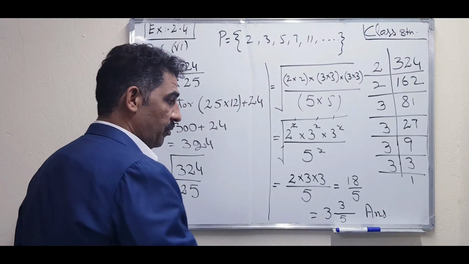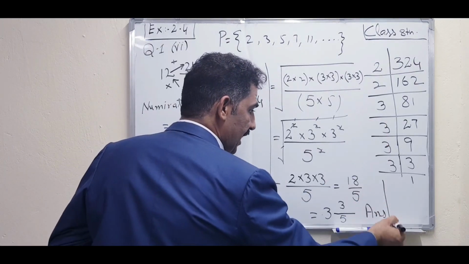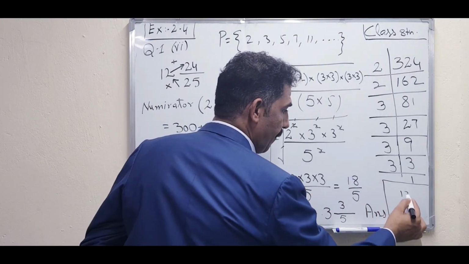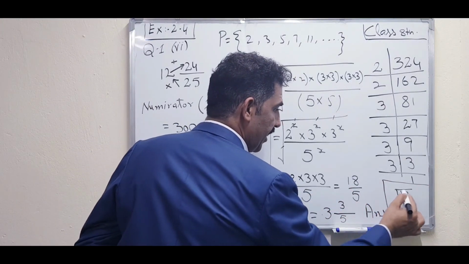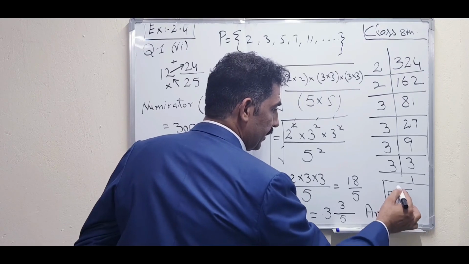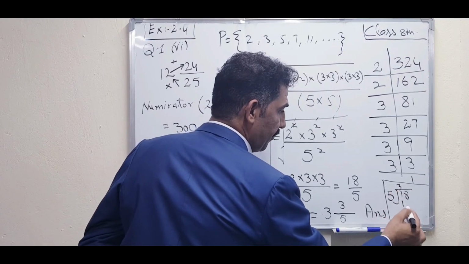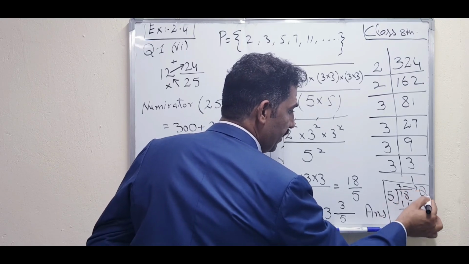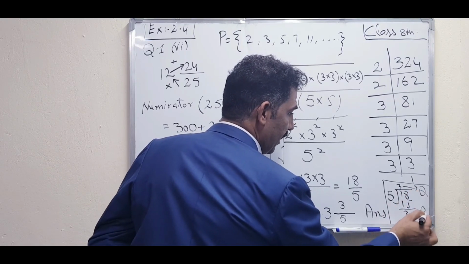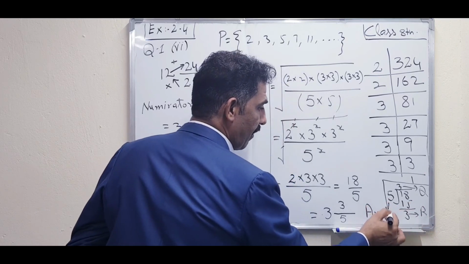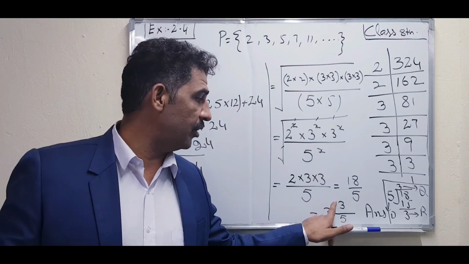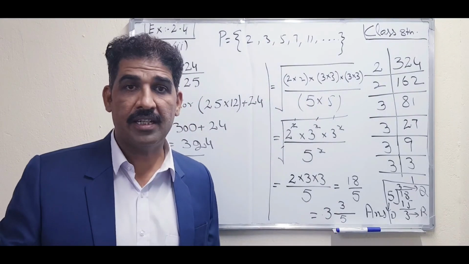Okay, if you need to check how to get this answer, 3 into 3, 18 divided by 5, 5 threes are 15, it is called quotient, it is called remainder, and this is divisor. According to the rule, quotient, remainder over divisor.